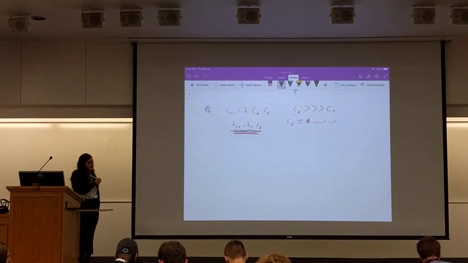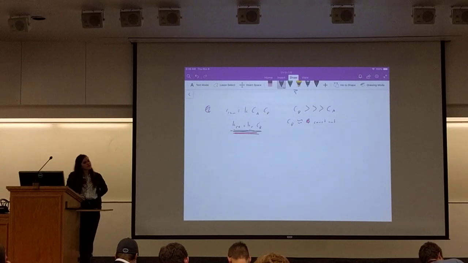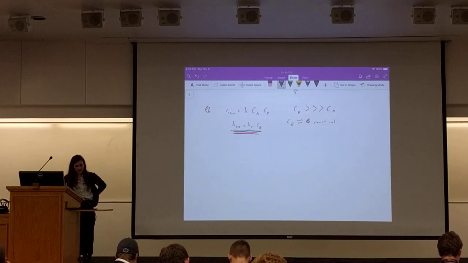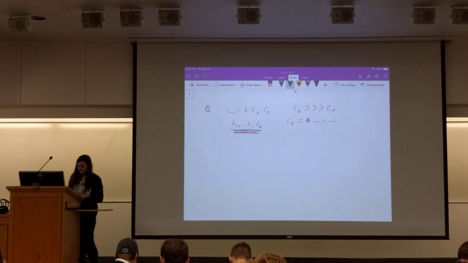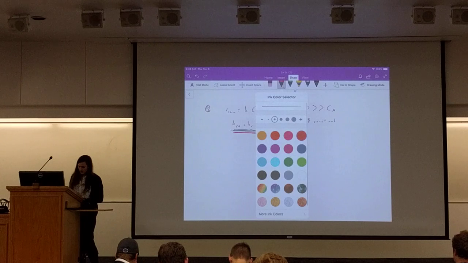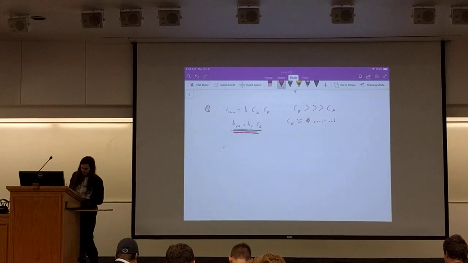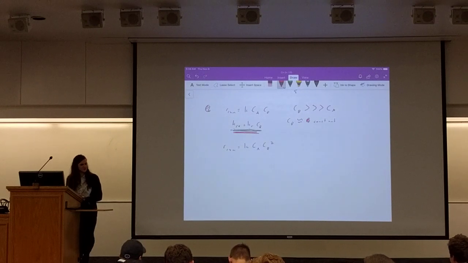Yes? Is that the first order reactions and the second order reactions? So if it was second order, let's say our rate of reaction was KR CA CB squared, so it's second order with respect to B, and CB is about constant.